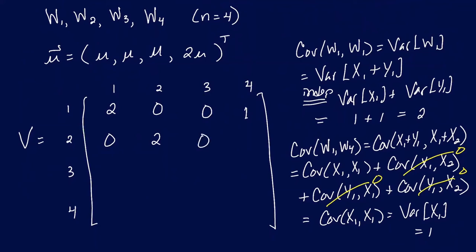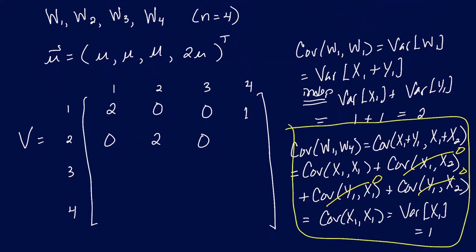And then W2 and W4. So that would be like going to this lower calculation here and replacing this 1 with a 2. And so this x1 down here is going to be a 2, and this is going to be a 2 and a 2. You can follow that through. And only one term will survive, and that will be the covariance between x2 and x2, which is the variance of x2, which is 1.